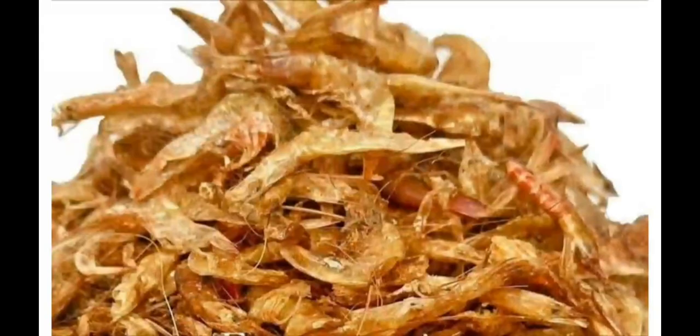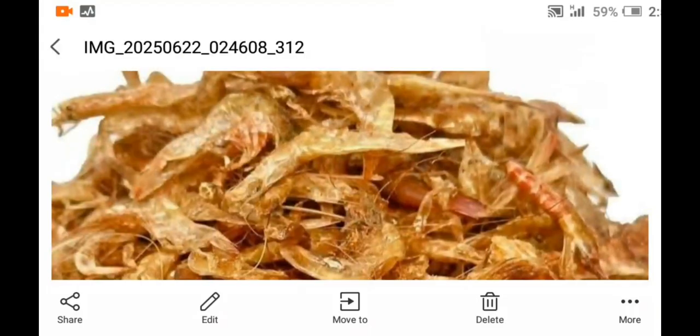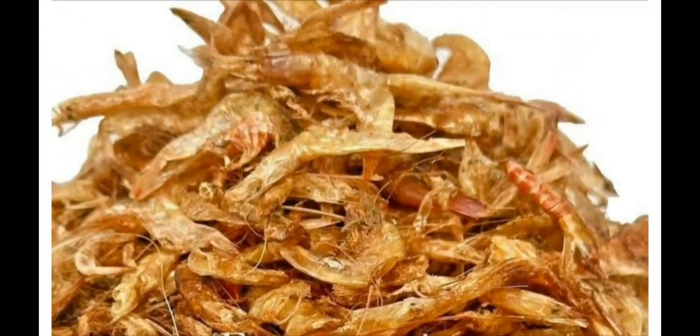Now, adaptation for mode of feeding of specimen F is that it has specialized mouth parts, including mandibles or jaw for chewing and maxillipeds for handling foods. They are also filter feeders.